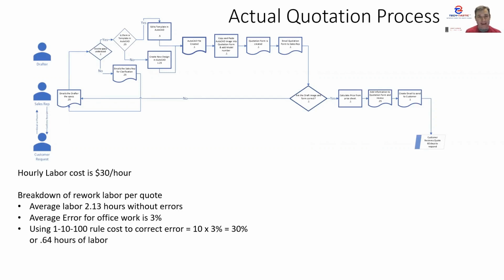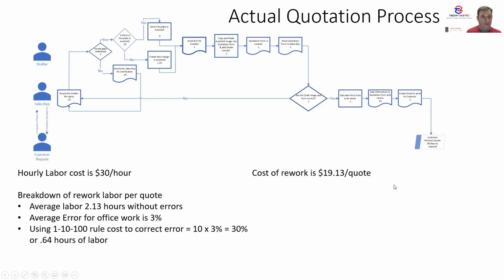So if they are making a 3% error, for them to correct that 3% of error, it is costing them 30% of their average labor, or 0.64 hours of labor total. And this is for every quote, mind you.